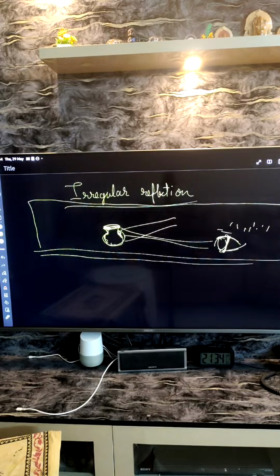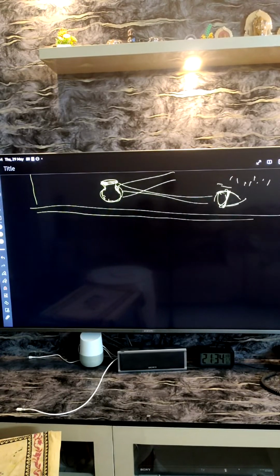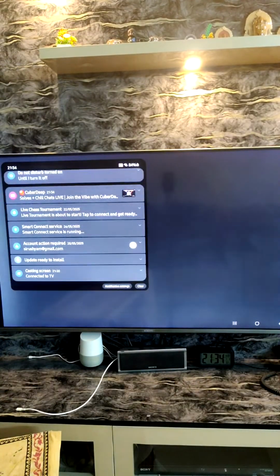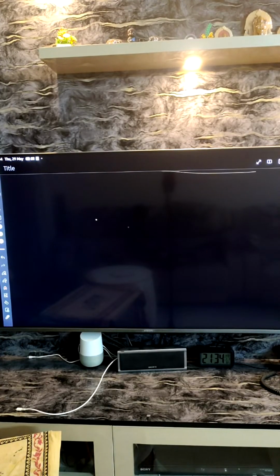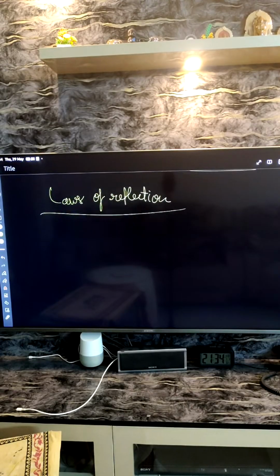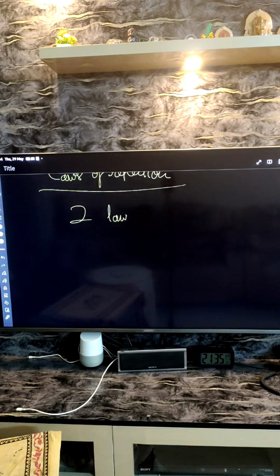Now let us look at the laws of reflection. There are mainly two laws of reflection.